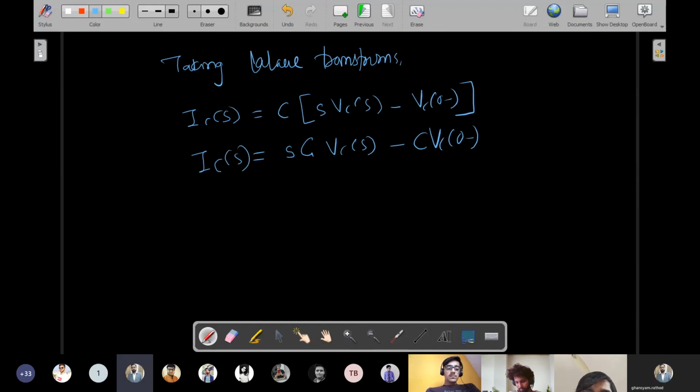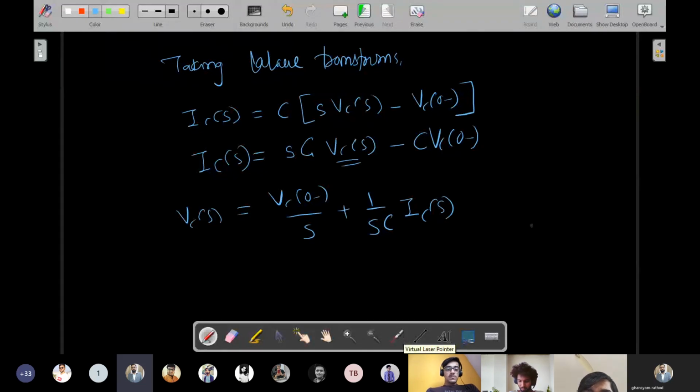We can take this Vc of s on one side and we can write the equation of Vc of s equal to Vc of 0 minus upon s plus 1 upon C Ic of s.